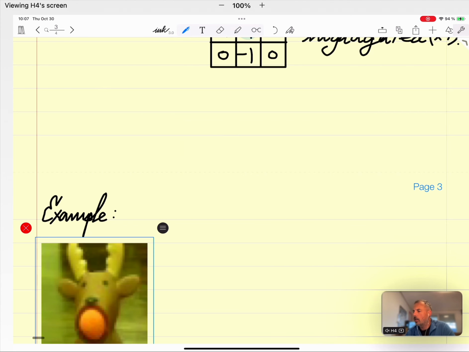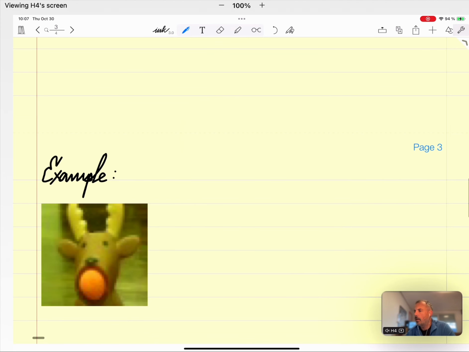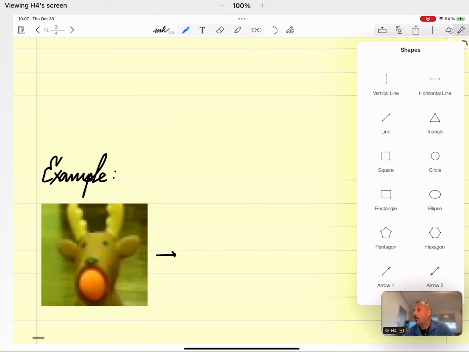A little example, okay? Let's imagine we find out what the values of each pixel are. This is done with a simple Python function.